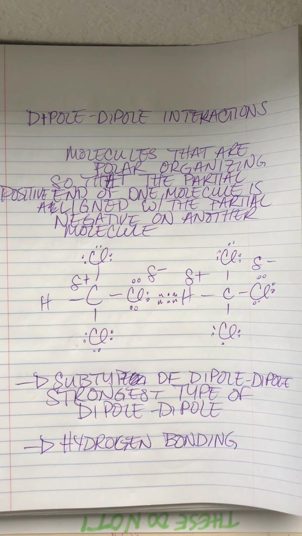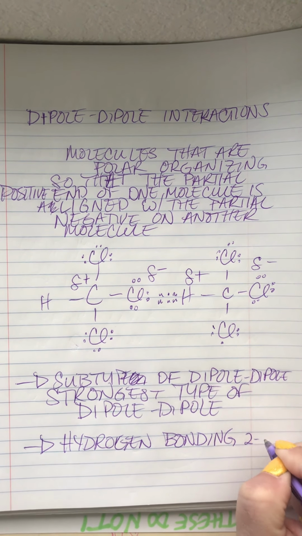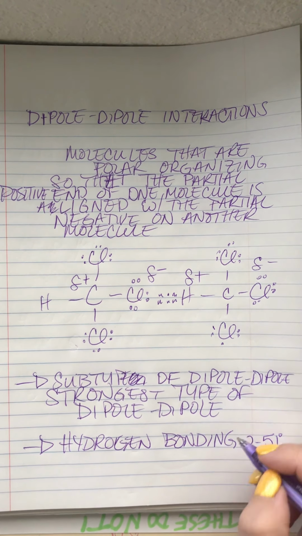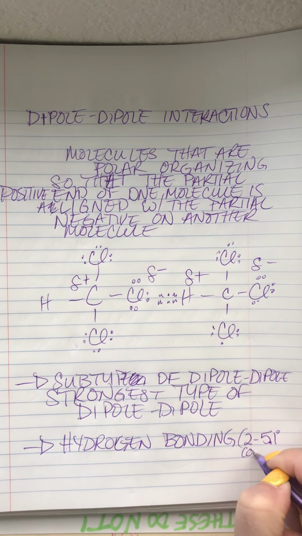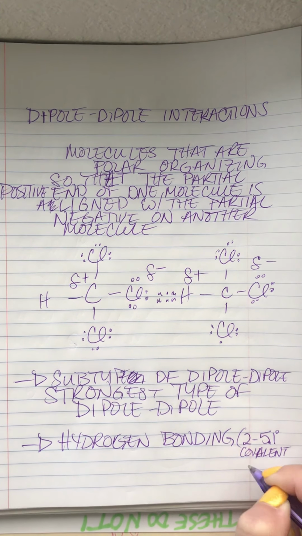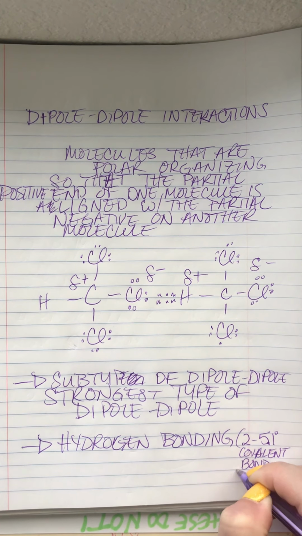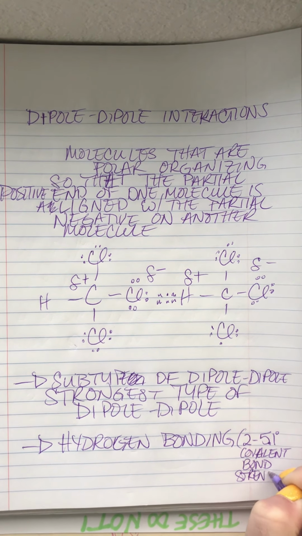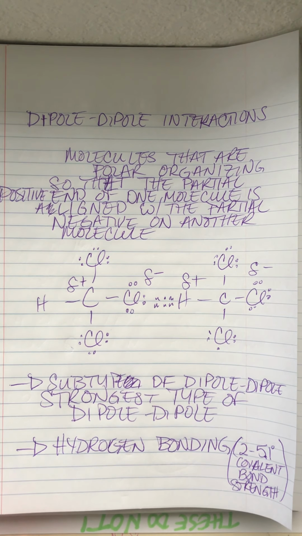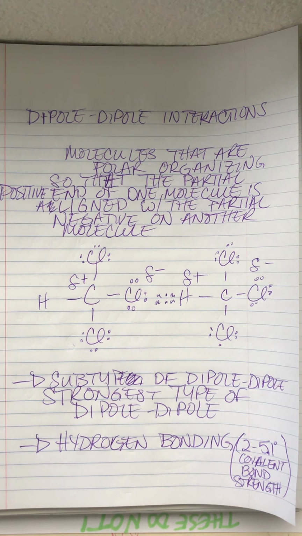Right? And the word bonding here is really a misnomer, right? Because hydrogen bonds are not nearly as strong as a true bond. These are about 2 to 5% the strength of a covalent bond. Right? So much less strong than a covalent bond.